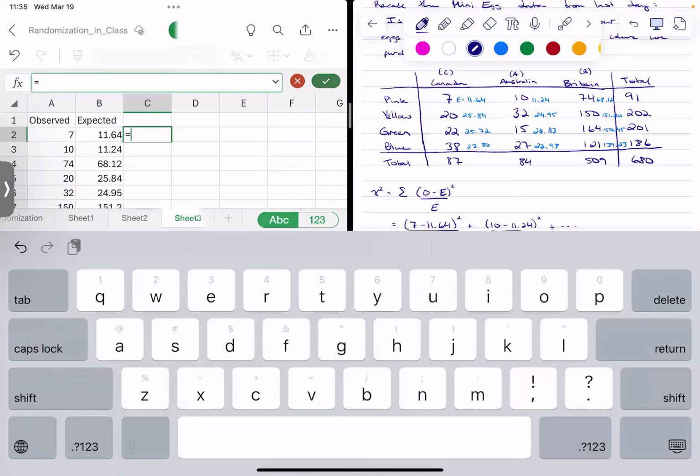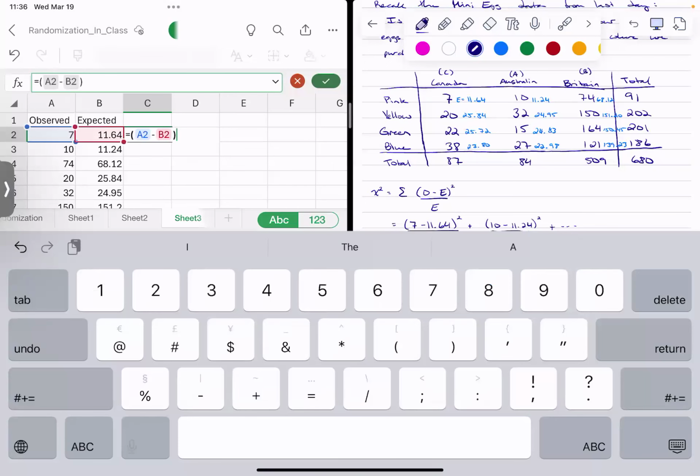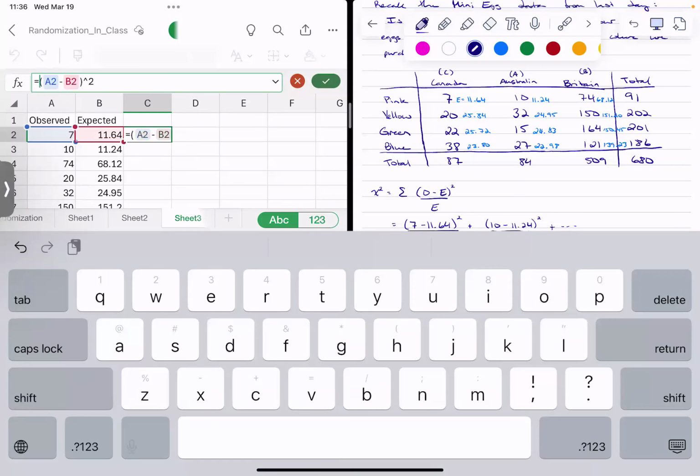I want to do in brackets the observed minus the expected, close the brackets, and square it, to the power of 2. Hard to do on my iPad, I guess.